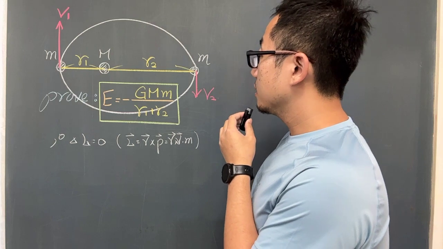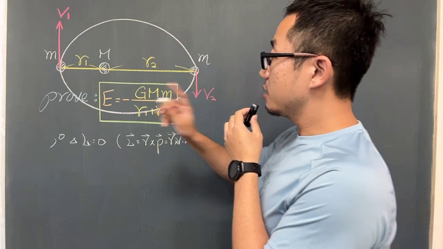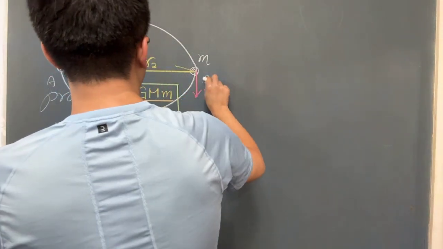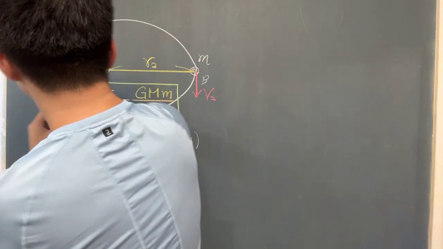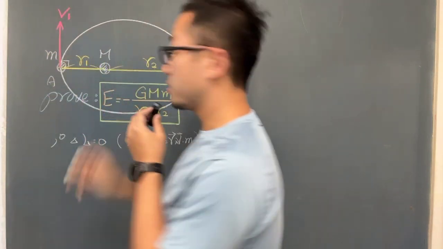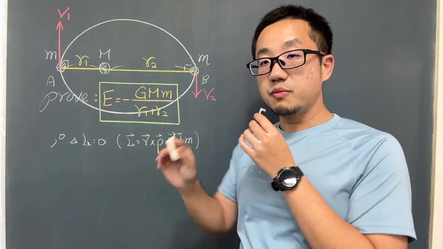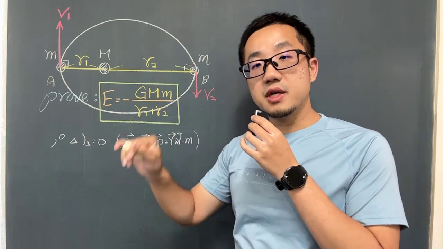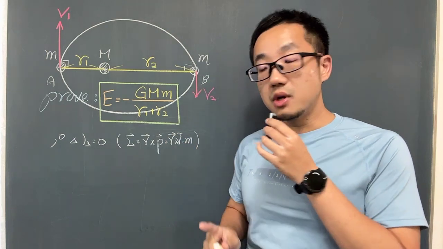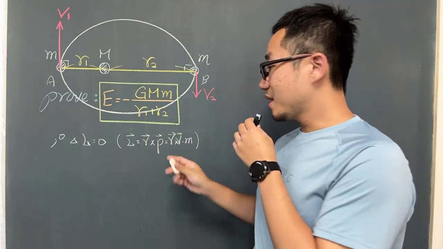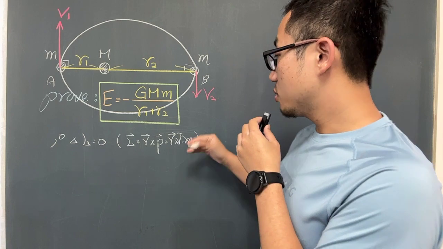If we take a look at the 2 points, at point A and point B, the velocity is perpendicular to r1 and r2 respectively. So the r cross v could be written as r v sine of theta, and the sine of theta is equal to 1. And since we're talking about the same mass, I can ignore the mass.